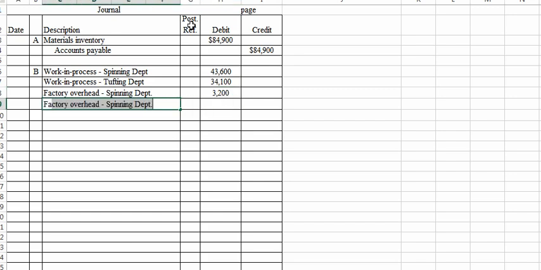And then I'm going to debit factory overhead for the tufting department for the indirect materials used in that department, which were $2,900. Now, all of these materials, you guys, would have to come out of our materials inventory. So that's what we're going to credit here for the total.